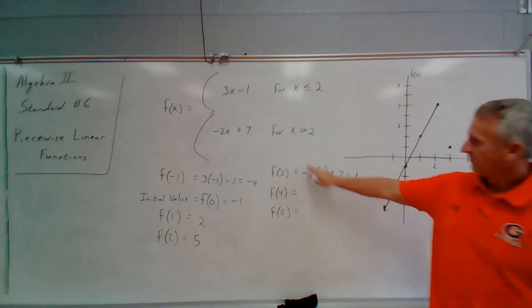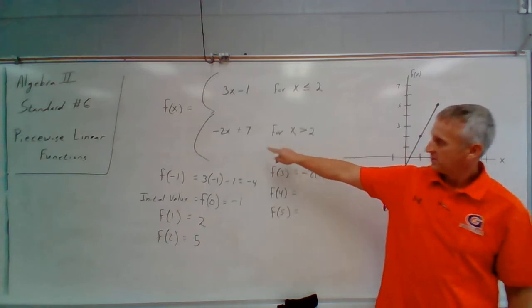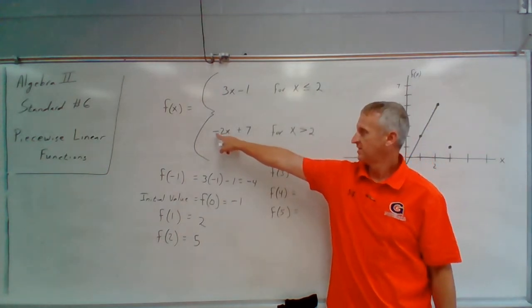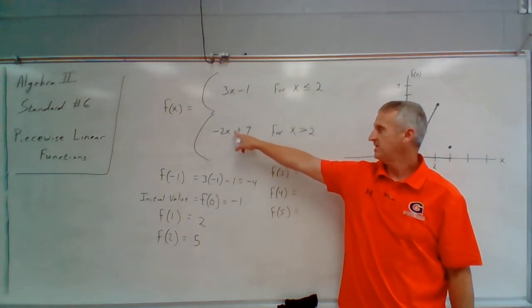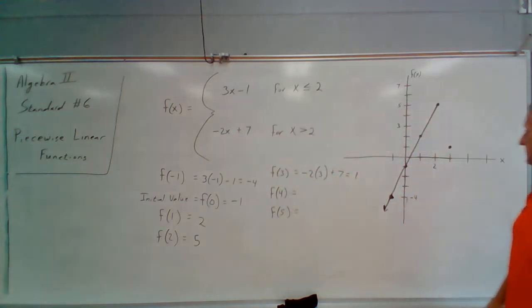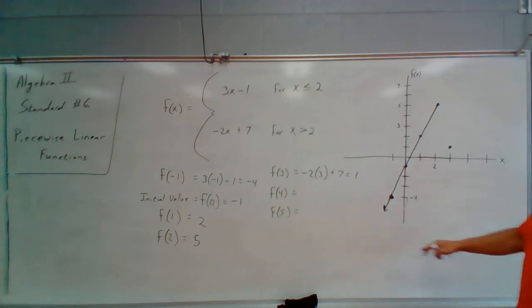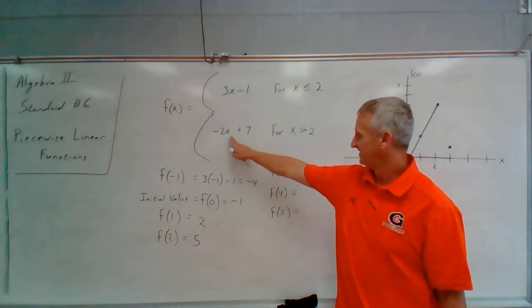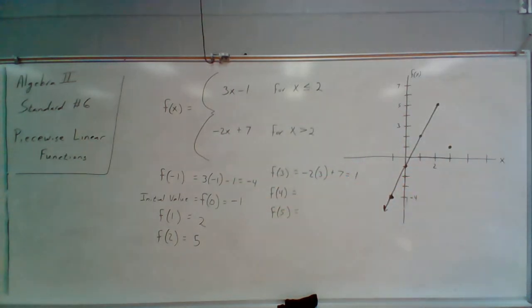F of 4. 4 is bigger than 2, so I'm going to put a 4 in this equation. Negative 2 times 4 is negative 8.